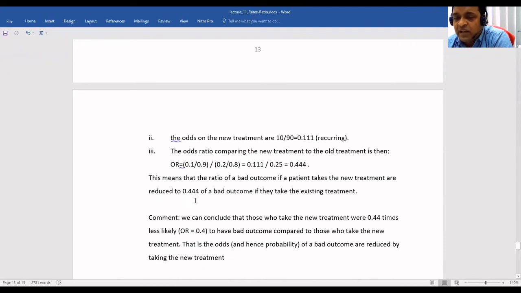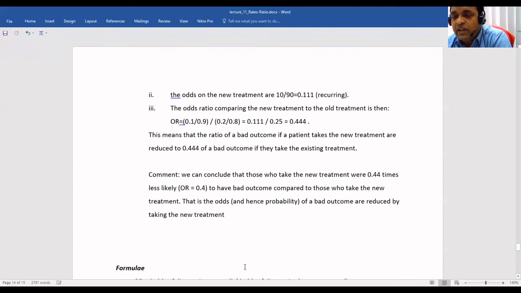So this means the odds of the bad outcome if the patient takes the new treatment are reduced to 0.444 of the odds of the bad outcome if the patient takes the existing treatment. So the comment will be that we can conclude those who take the new treatment were 0.4 times less likely to have the bad outcome compared to those who take the old treatment.